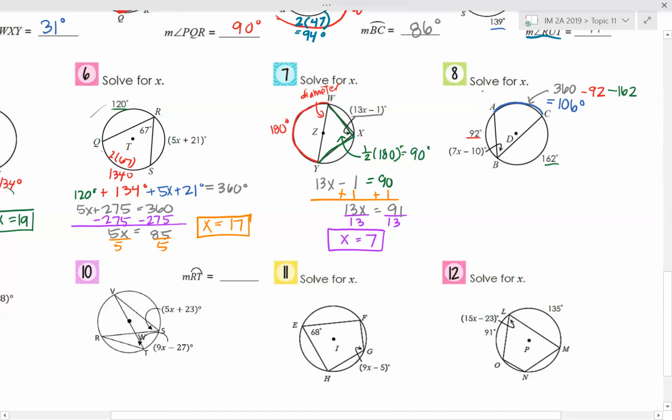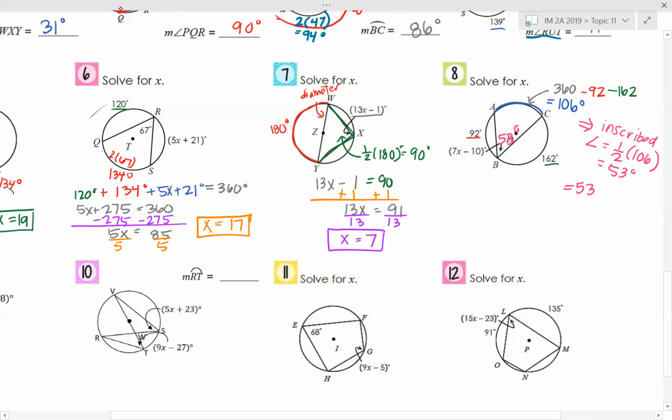And again, if the arc is 106, that tells us that the inscribed angle is half of 106. So that means that that value is 53 degrees. So that means that this is a 53-degree angle. So what we can do is now we can set the expression equal to 53 and solve for x.